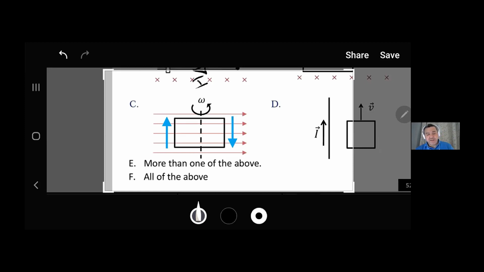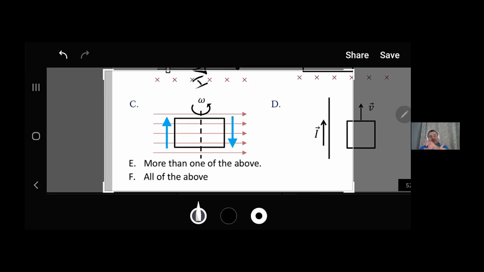Now, case C is a loop that is rotating in the existence of the magnetic field. This rotation is going to change the effective area that this magnetic field is seeing, which basically means that a motional electromotive force will be induced because of this rotation.